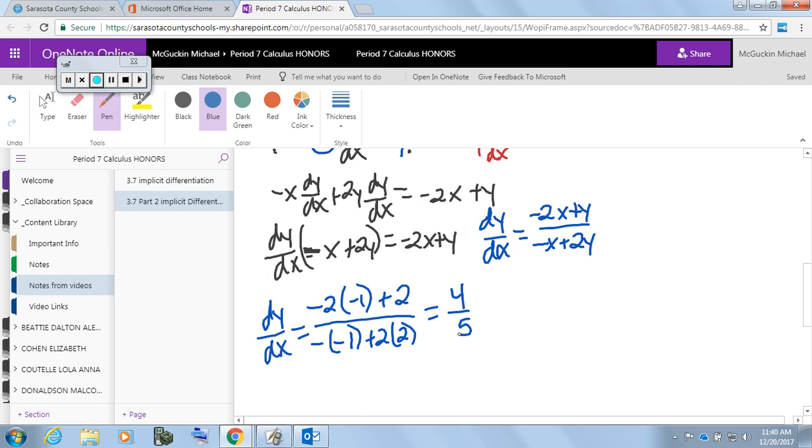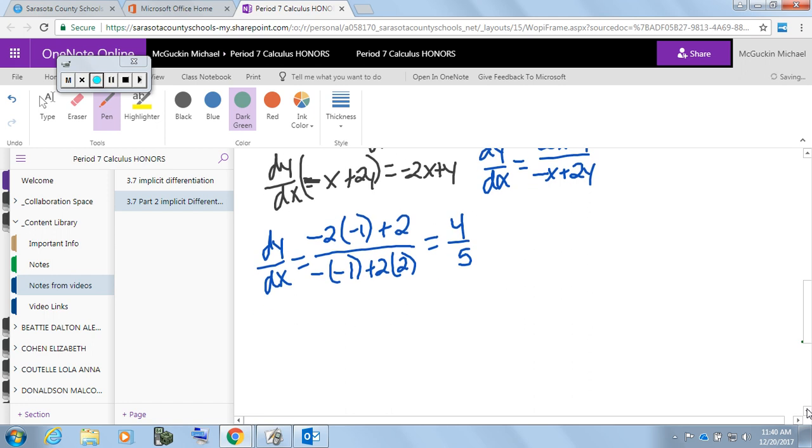Remember what the goal was. The goal was to find the equation of the tangent line. So we take that one step further, and we use our point-slope form. So point-slope, in this example, y minus the y1, which was 2, is equal to our slope of 4 over 5 times x minus that negative 1.